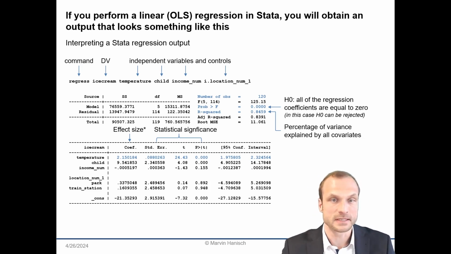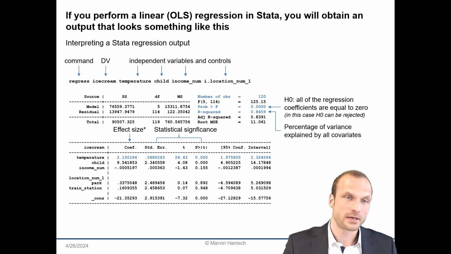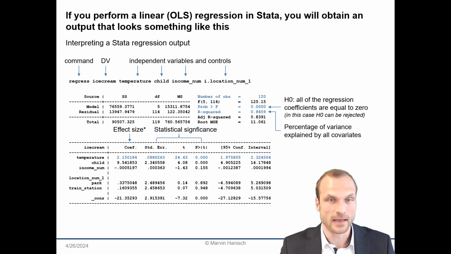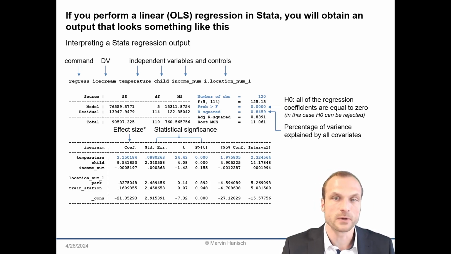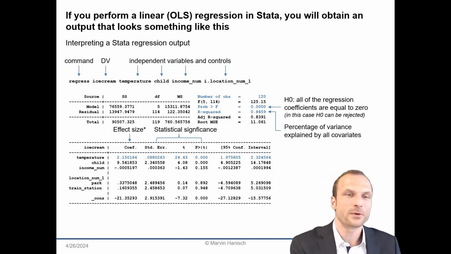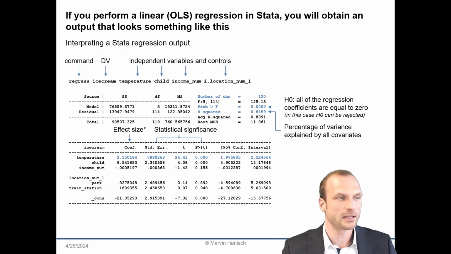Next, we have the standard error. And if you divide the coefficient by the standard error, you get the t-value. Higher t-values are typically associated with higher statistical significance. But to be sure, we want to check this in our t-value distribution table, and then we can see the corresponding p-value, which we get automatically here in our output as well.